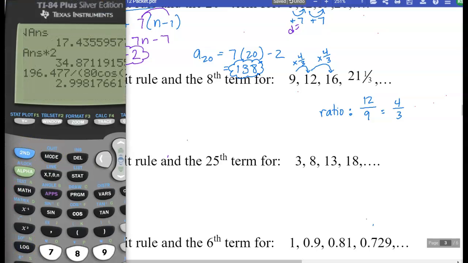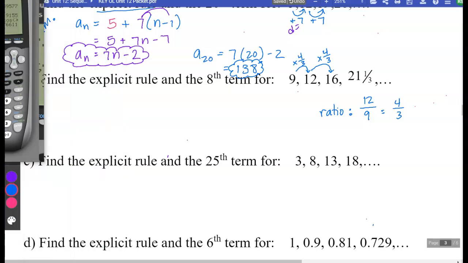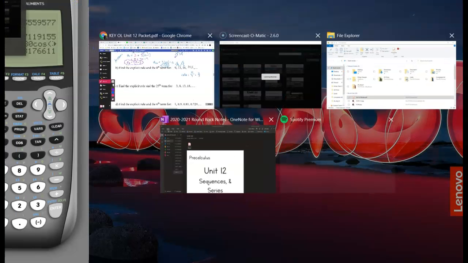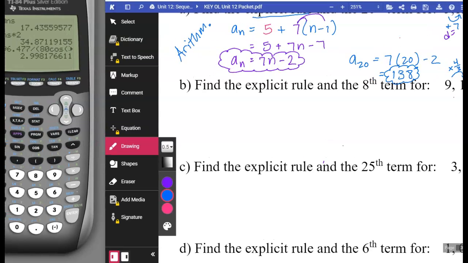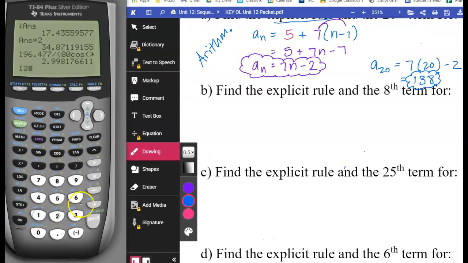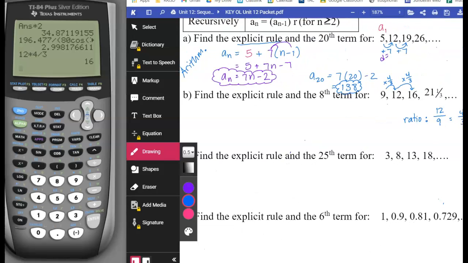Why is this so big? Oh, look at that. It is. Let's check one more time. 16 times 4/3.